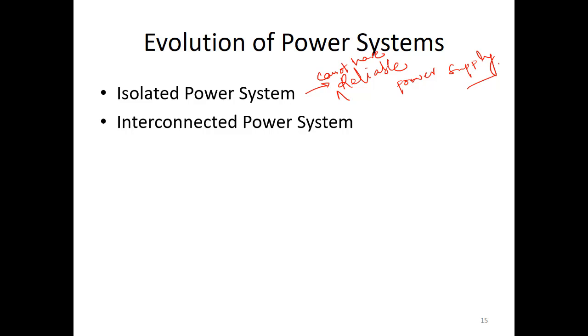So in case of interconnected power system, the reliability is maintained very well, because if somewhere the fault happens, then at that particular zone or particular area the fault can be isolated, and the other part of the power system can supply power to the area where the fault happened, right?